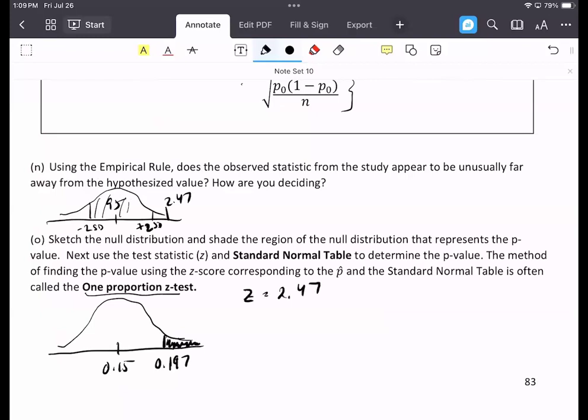Now, if we look for the area under the curve, and if you look in the table, you're going to see that it's 0.9932. So our p-value, remember we want this side, is going to be 1 minus 0.9932, which gives us 0.0068. That's a really small p-value.